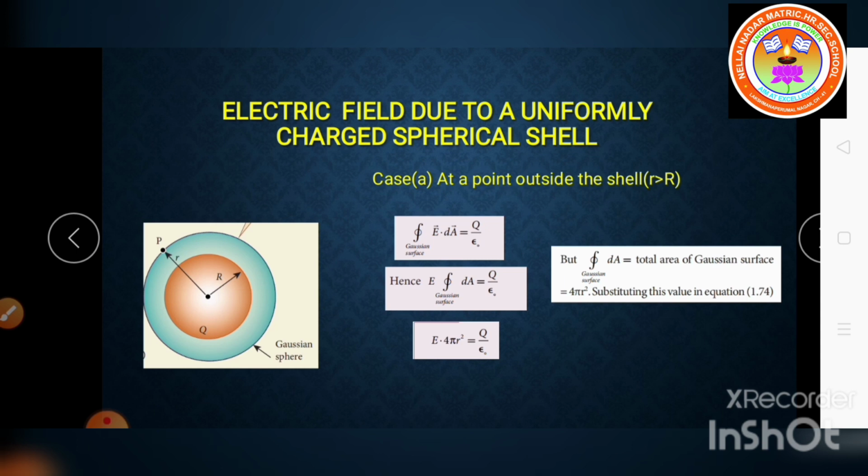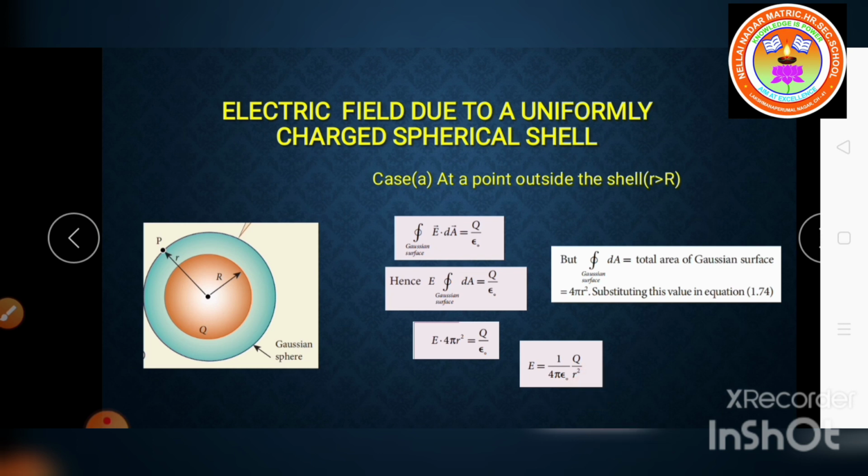Actually, I want to calculate the formula of E. So if I want to calculate the value of E, I can bring 4 pi r square to the denominator. So I will get E is equal to 1 by 4 pi epsilon naught Q by r square.